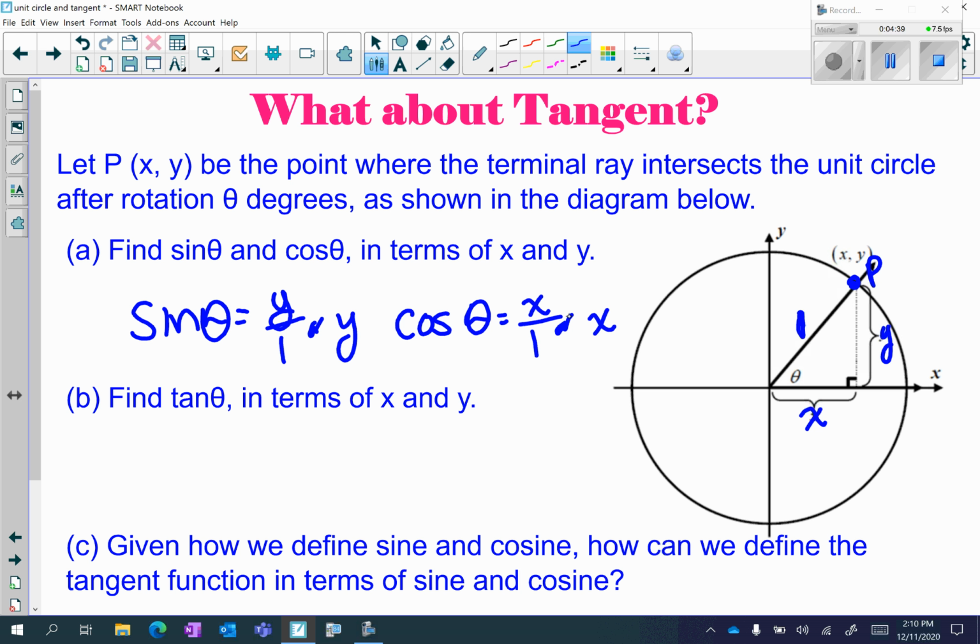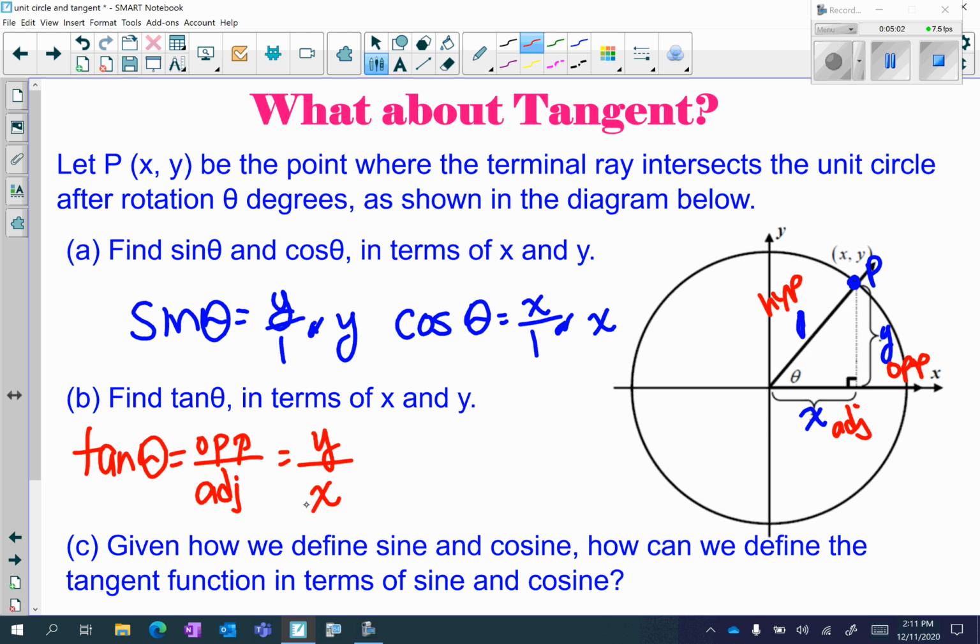So now I want to talk about tangent. Tangent is opposite over adjacent. So remember, this is my opposite, this is my adjacent, and this is my hypotenuse. So opposite is y, adjacent is x. So tangent of theta is equal to y over x.